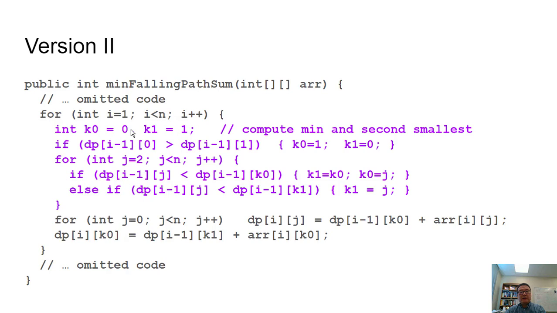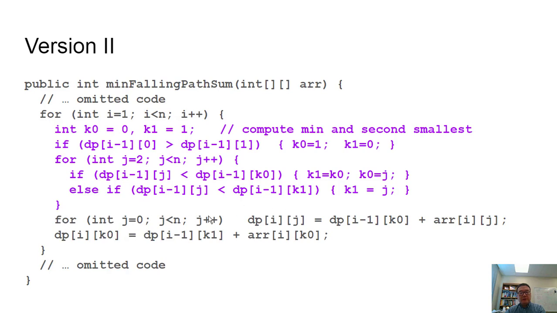I start by assuming 0 is the minimum and 1 is the second minimum, and if the first one turns out to be bigger than the second one, I swap them. Then I scan through the rest, and anything that's less than the minimum becomes the minimum, and the current minimum becomes the second minimum. Otherwise, if it's less than the second, that becomes the second minimum.